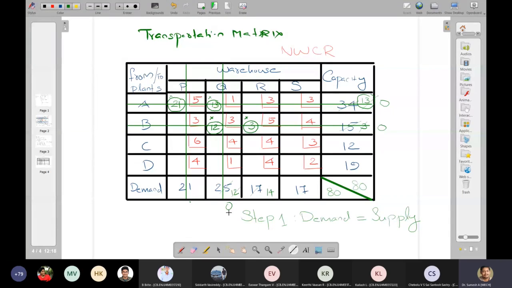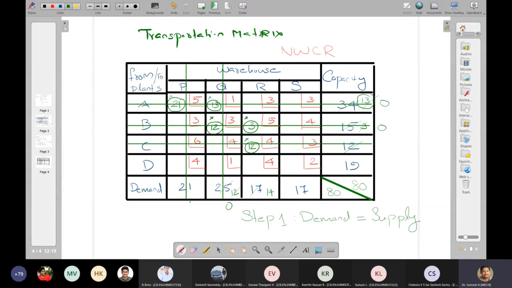Now 14 is the demand, but the capacity is 12. The new northwest corner will be CR, so here I will provide that 12. That 12 is completely met, so this particular row also gets eliminated. The balance here will be 2.